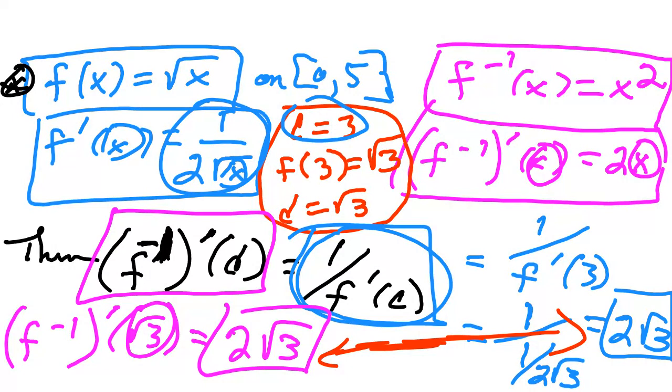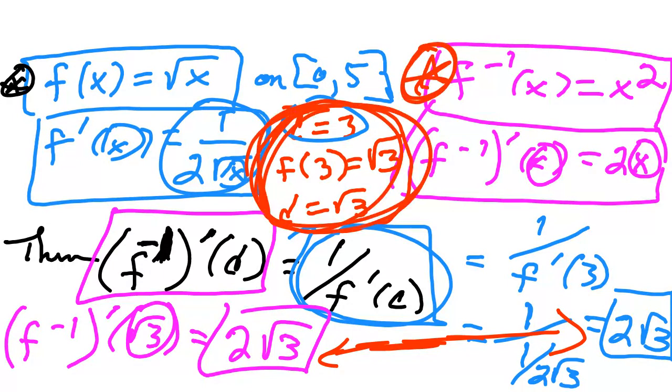And the best thing about it, as I was hoping, is when we have specific values given here, then we don't have to worry about writing that as f inverse of y equals y squared. We can just go back to the normal notation.